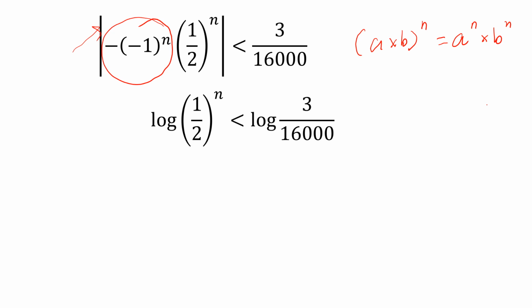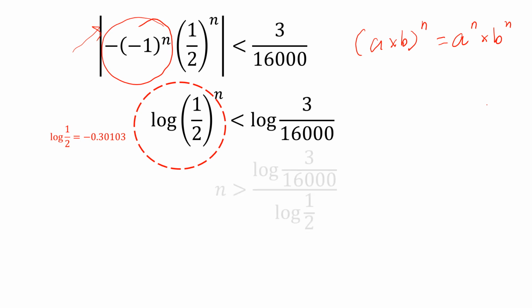To solve this problem, we log both sides and check the value of log 1 over 2, and we can see that its value is negative. So to get the value of n, we move log 1 over 2 to the right side.